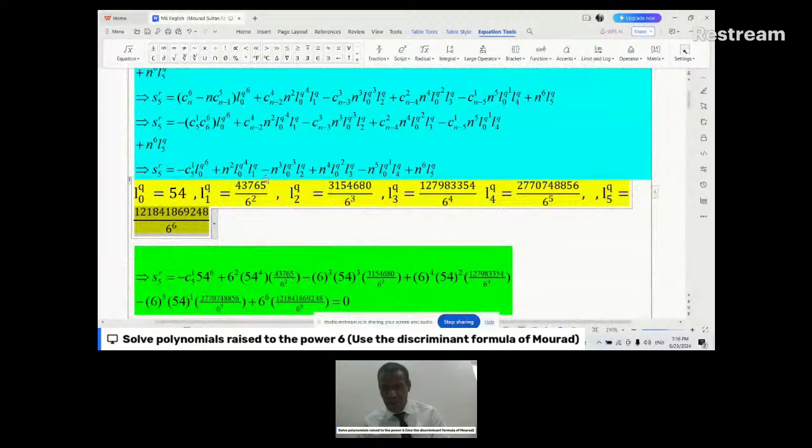Okay, times, minus 6 cubed, 54 raised to the power 3 times 3,154,680, correct? Plus 54 raised to the power 2 times 127,983,354, correct?